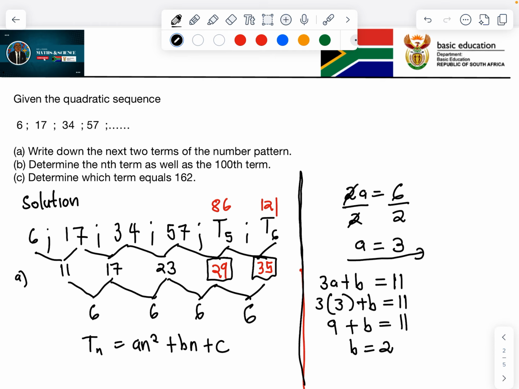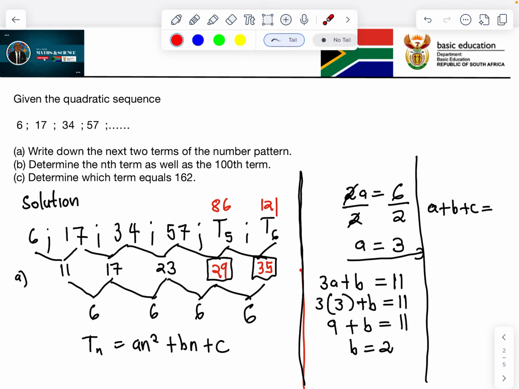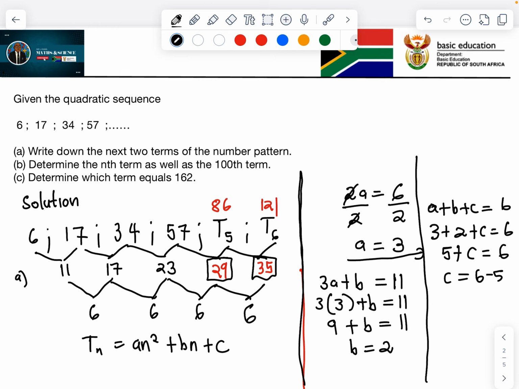Okay. Then to get c, you say a plus b plus c equals the first term of the pattern, which in this case is 6. So you equate a plus b plus c to 6. Then 3 plus 2 plus c equals 6, and 3 plus 2 is 5, so c is equal to 6 minus 5, which is 1.